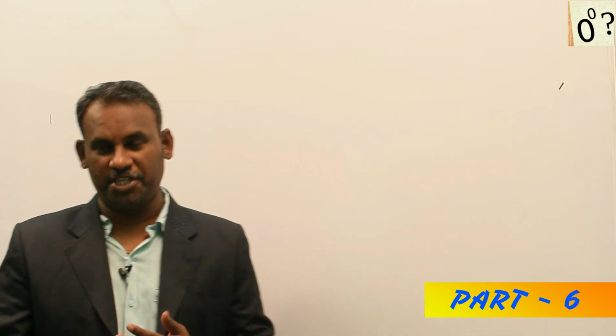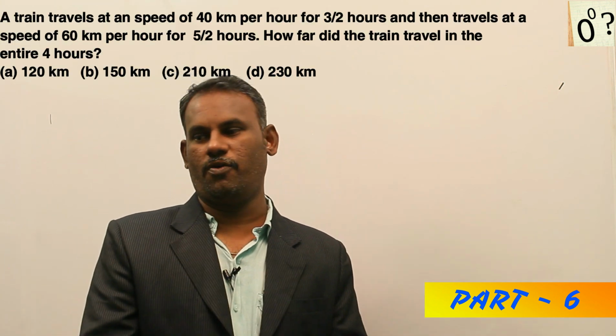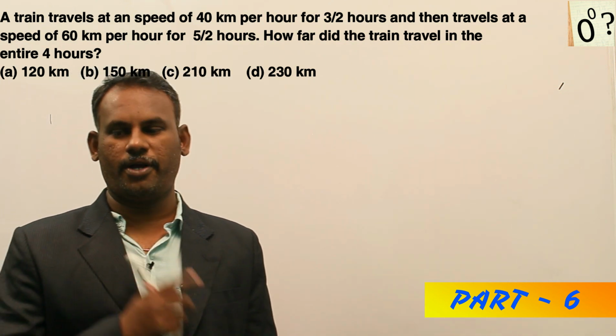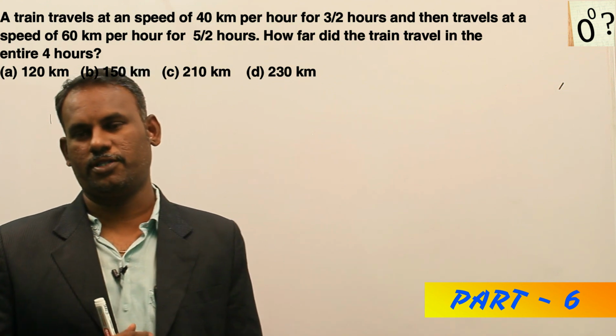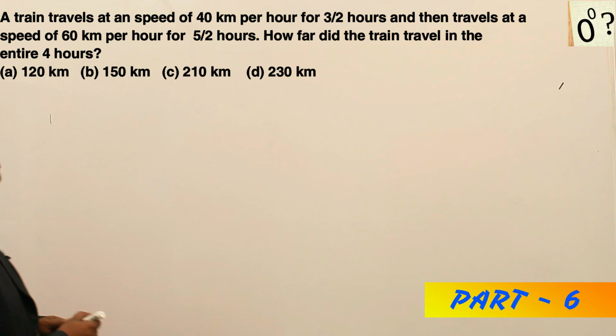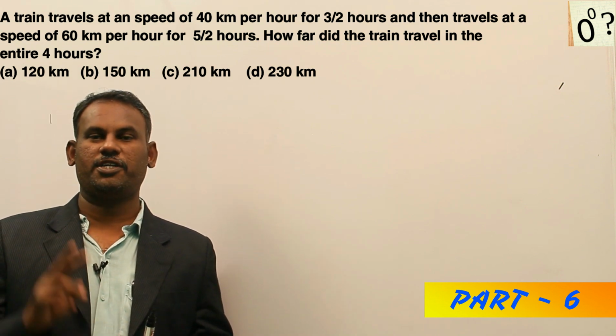Okay. The next question is: a train travels at a speed of 40 km per hour for 3/2 hours, and then travels at a speed of 60 km per hour for 5/2 hours. How far did the train travel in the entire 4 hours? So let's solve this question. The data are given. The same train travels with a different speed for different hours.